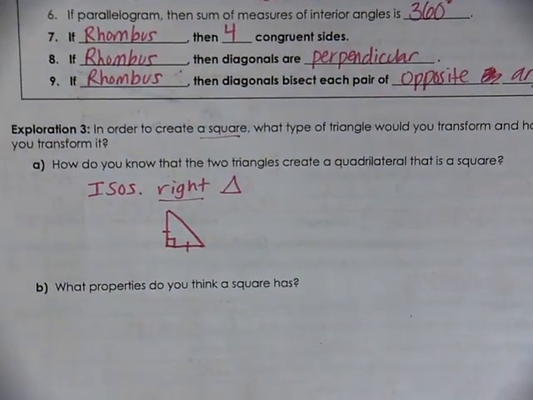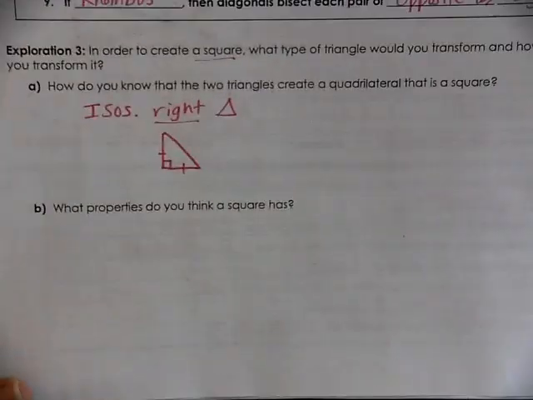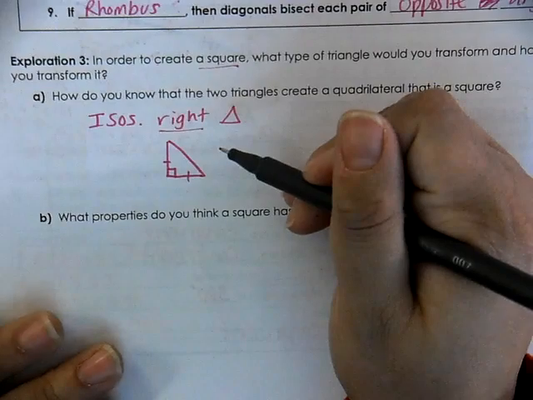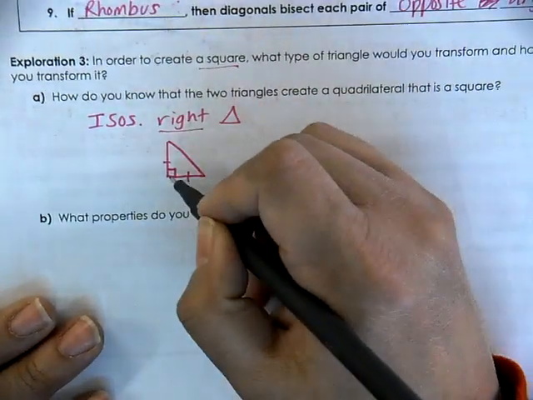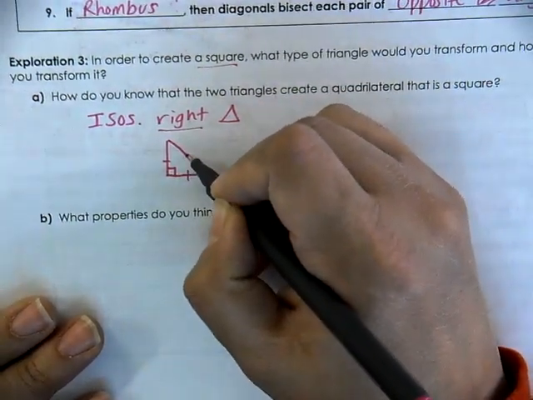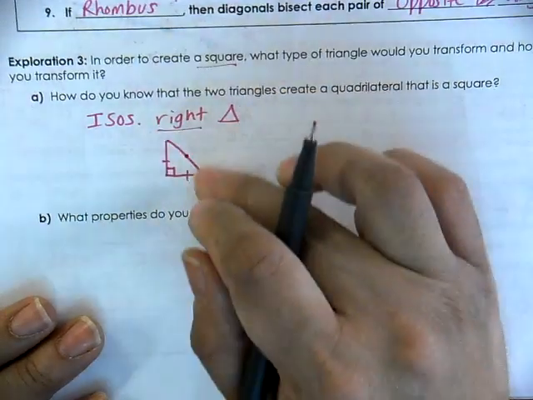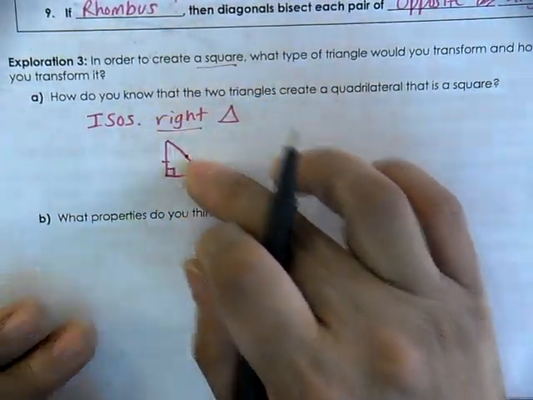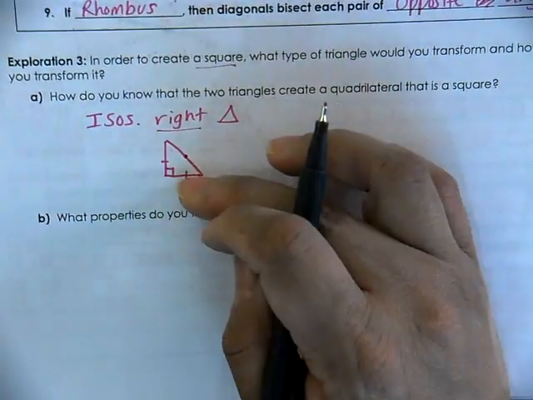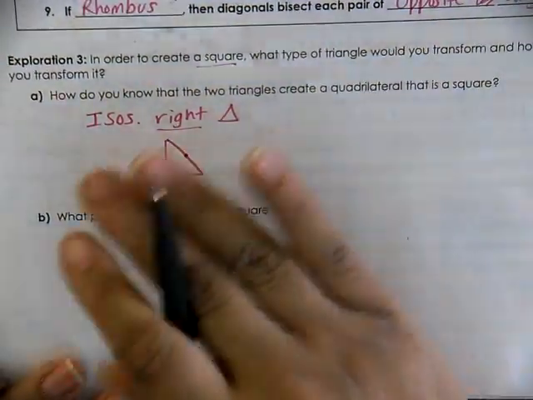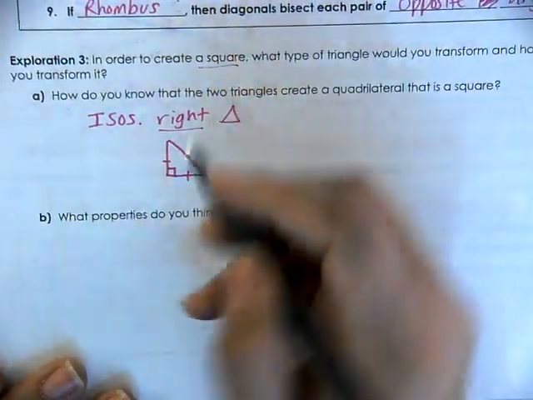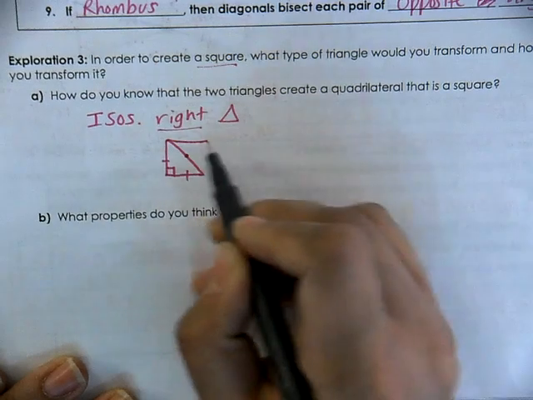Now, looking at that triangle, we could do one of 2 things to try to get it to be a square. You could either rotate this triangle about the hypotenuse, so that you start rotating until it gets right next to the hypotenuse with the other hypotenuse matching up. Or you could reflect it also, and that would be fine. Either way, it's going to look like this.